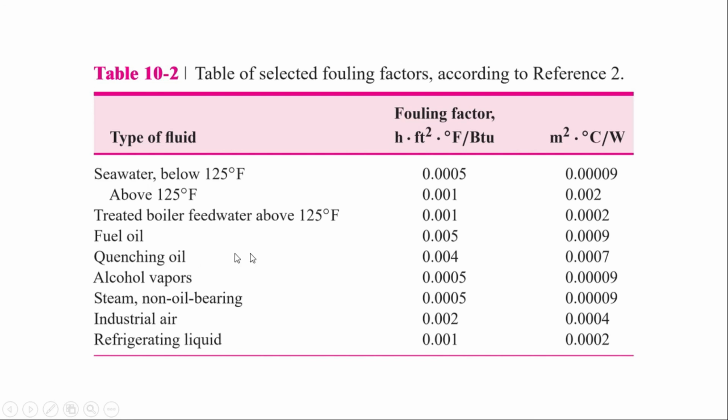Fuel oil, for example, has a fouling factor value of 0.05. This is in one unit and this is in another unit, so you can use either unit for the fouling factor.